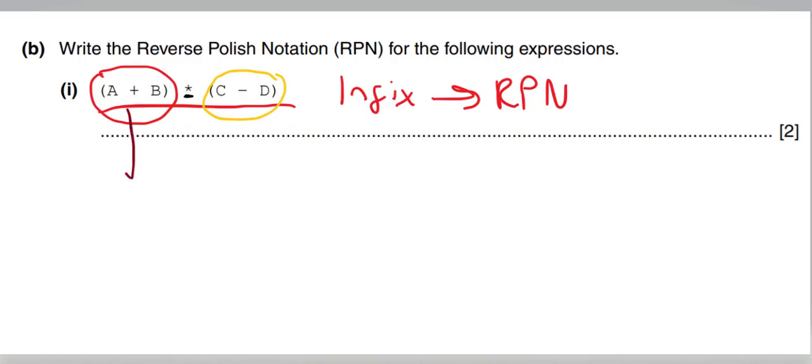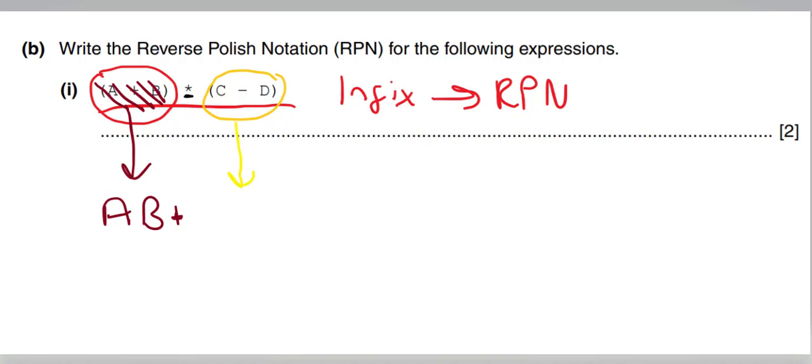So if we were to write this out in RPN, give it a go now yourself. Pause the video, try it out. How do you turn A plus B into RPN? Okay, what you should have got would be A, B, plus. So that is done already. Now, before we can use the multiplication, we need to work out the value of C minus D. So again, turn C minus D into RPN for me.